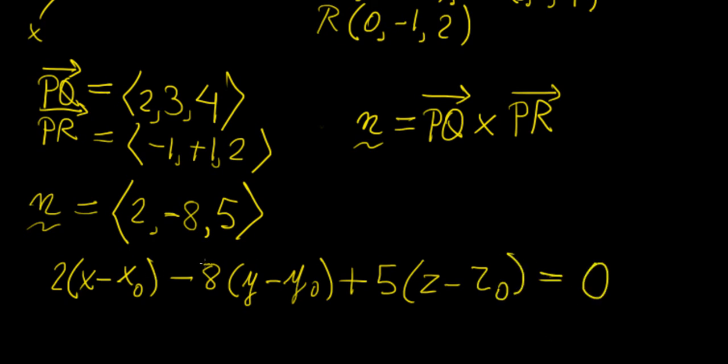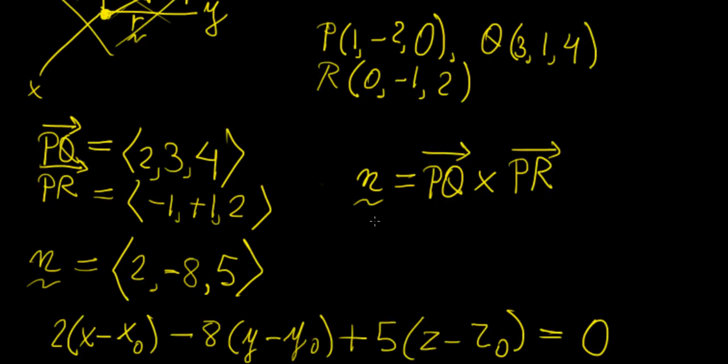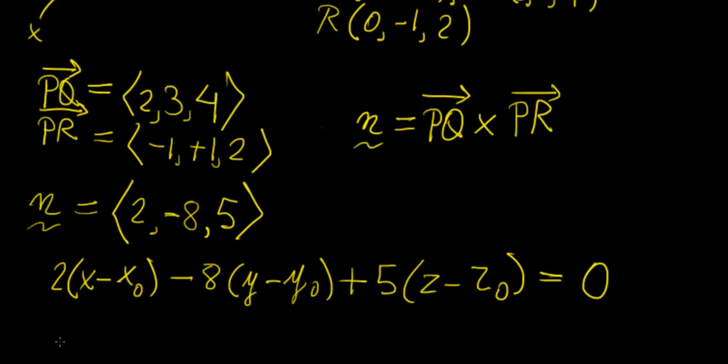And now in here, what we're going to put is the coordinates of one of the points that we had. So we can just grab a set of points that we already had. We can either put in this one or this one or this one. We're going to do this one. So let's have P in here.